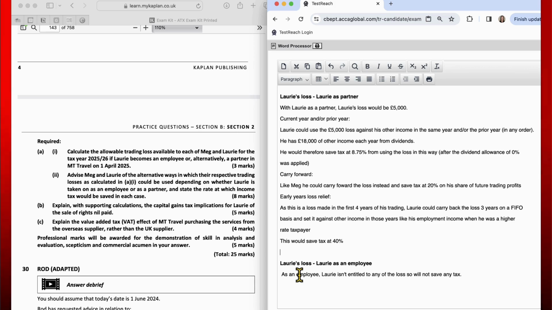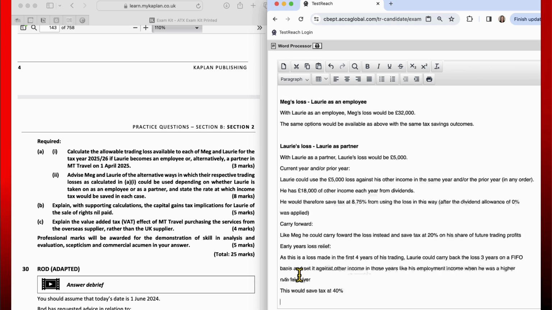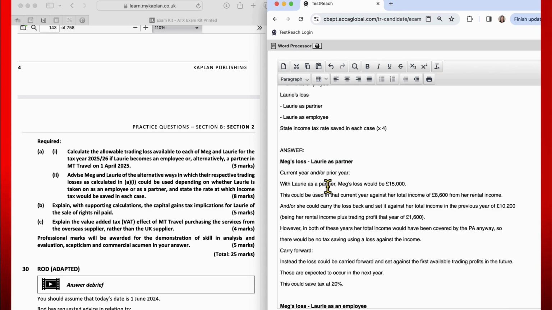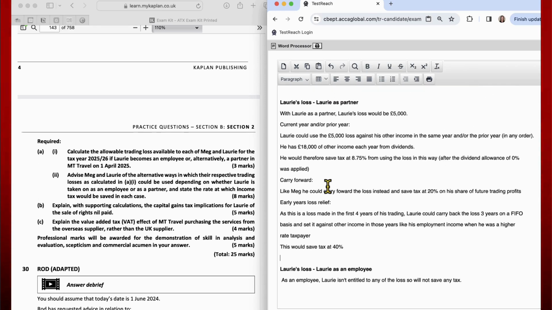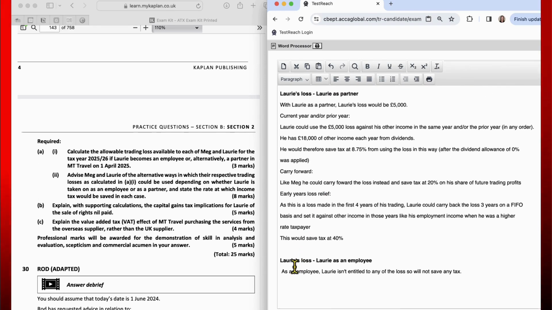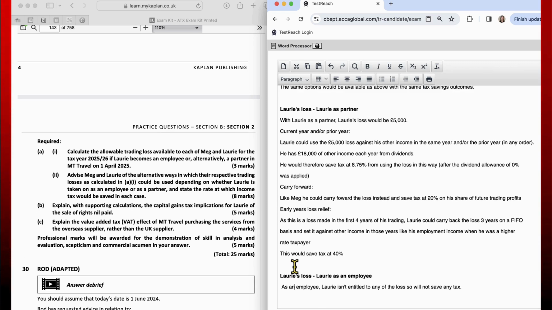the use of losses. Now, Laurie wouldn't actually have a loss if he's an employee. But because of the way that I have planned out my answer and taken very carefully and very much to heart the wording they've used in the requirement, I've got a heading for that. So I'm going to put something down for that as completeness. Now, there may be a mark.